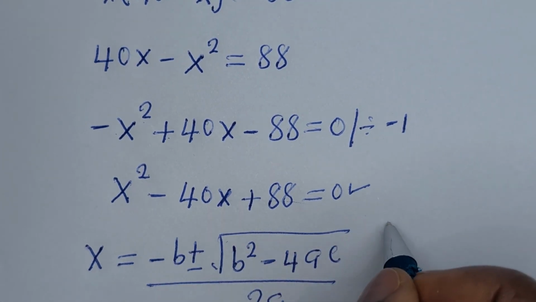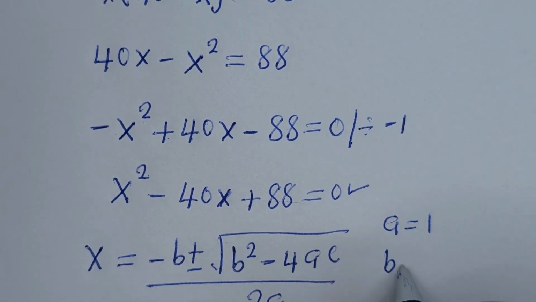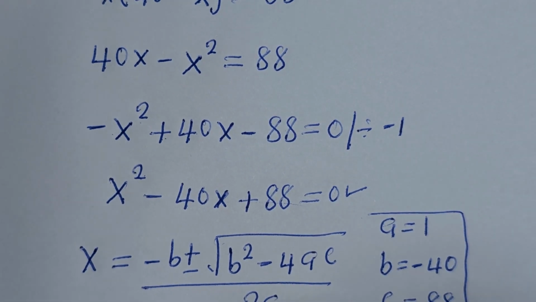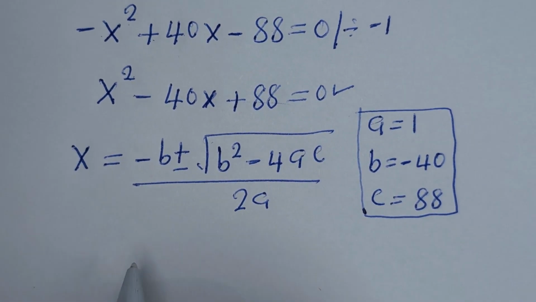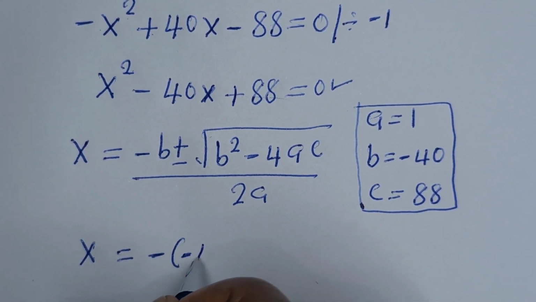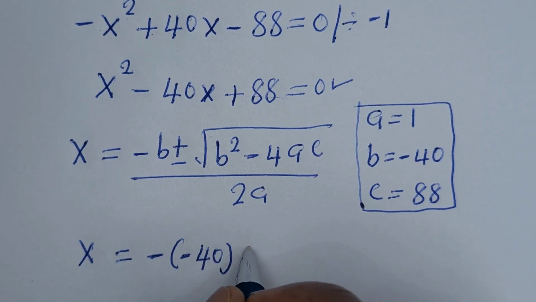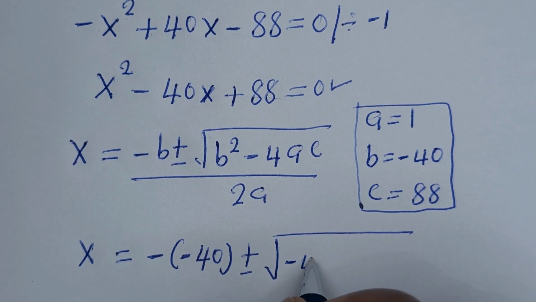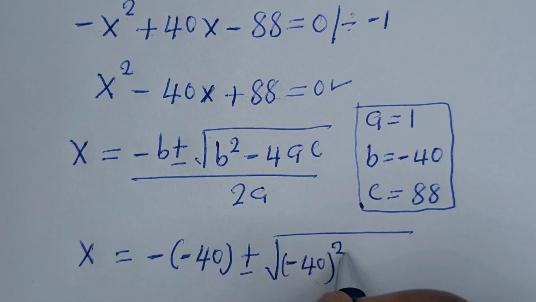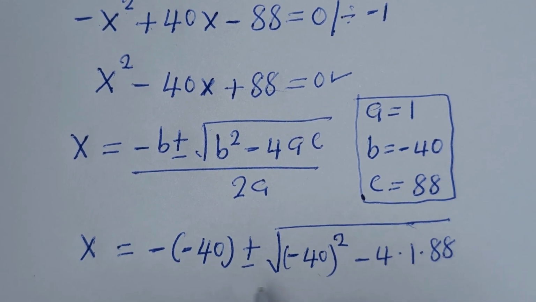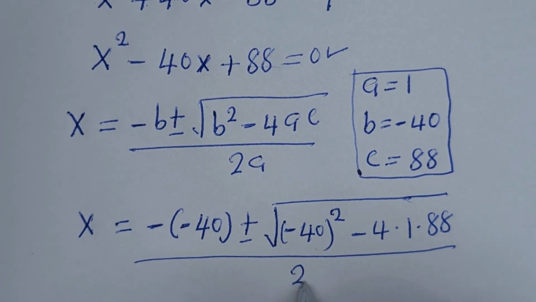And from this equation, a is equal to 1, b is equal to negative 40, c is equal to 88. x is equal to minus bracket minus 40 bracket, plus or minus square root of minus 40 square minus 4 multiplied by 1 multiplied by 88, over 2 multiplied by 1.